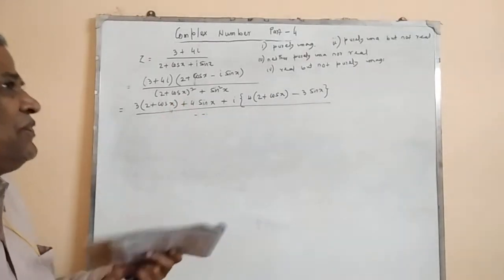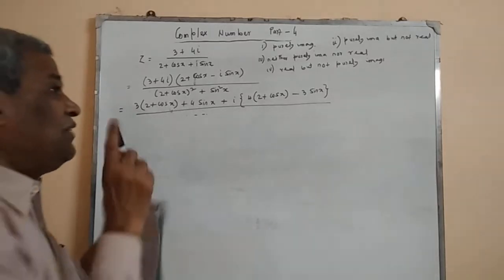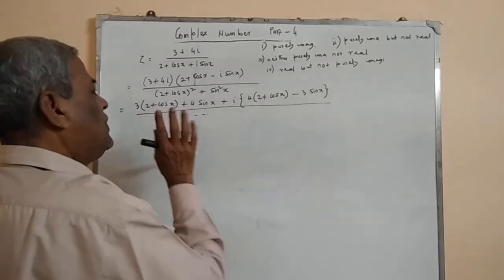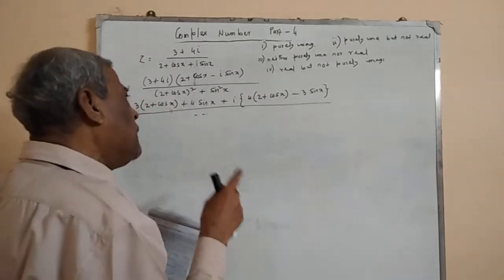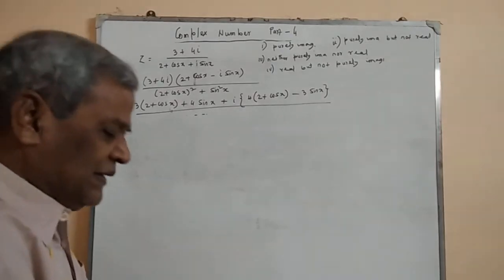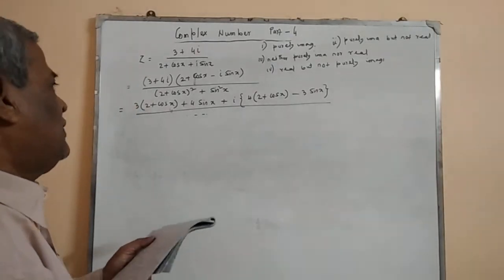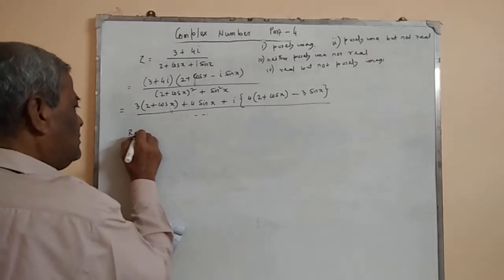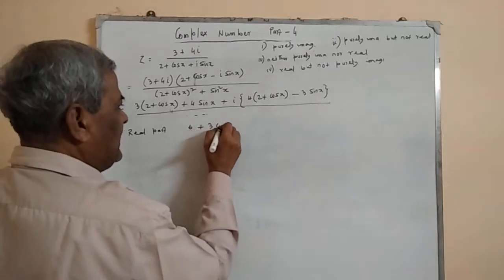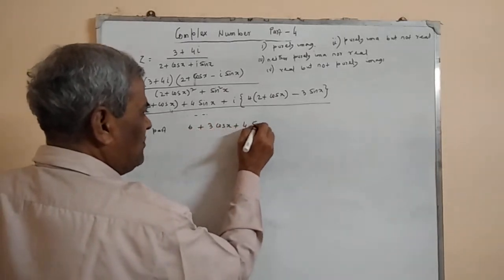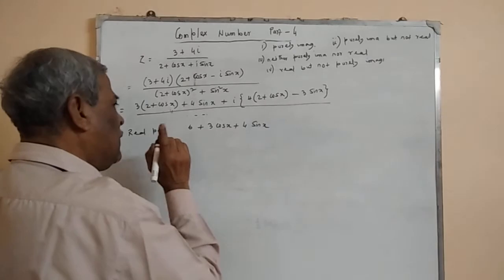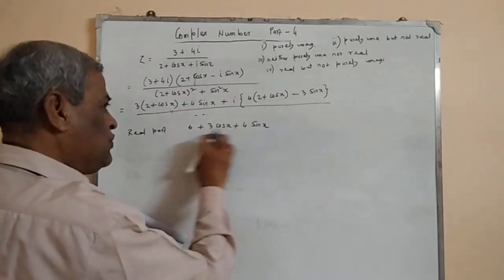Now, if it is purely imaginary, then its real part should be 0. If it is purely real, then its imaginary part must be 0. Now let us see whether it is possible or not. Its real part is 6 plus 3 cos x plus 4 sin x, and the denominator is a real quantity, so I am not interested in that. Can this be 0 or not?